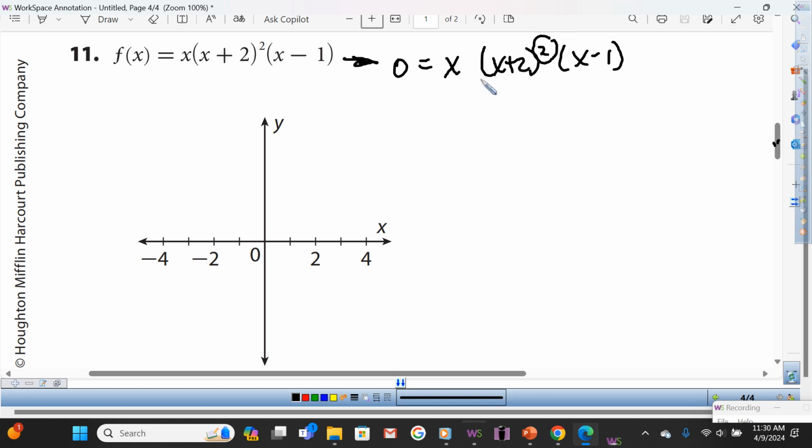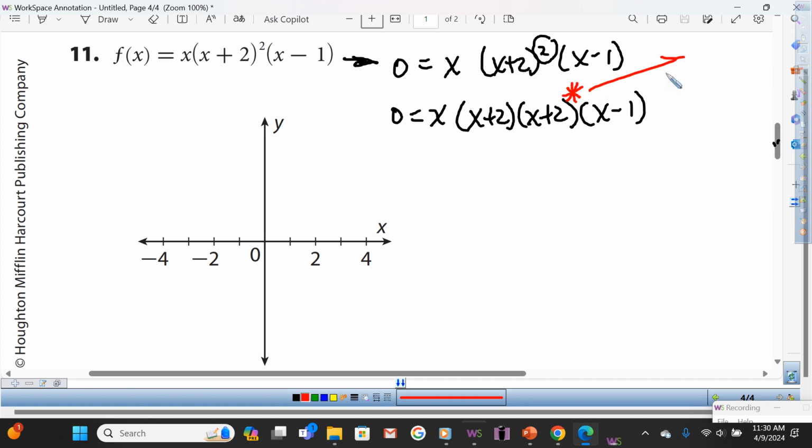That means it's not in factored form. So I would do what? 0 equals x times what? x plus 2, x plus 2, then x minus 1. Write that down, please. And if you skipped that, make a little asterisk here. Make a note for yourself as to why we went from here to here.